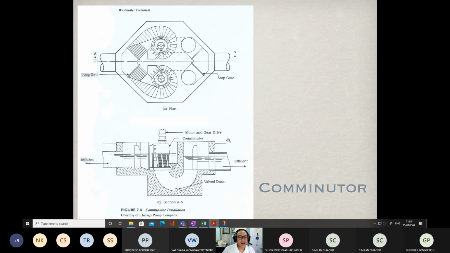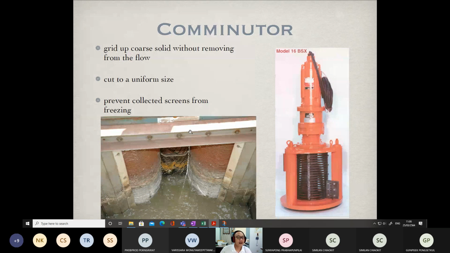If you have a look at the plan view, you will find something like this. The cutting teeth are equipped here and here. According to the figures, there are only two sets of cutting teeth, but in these figures, there are three sets.